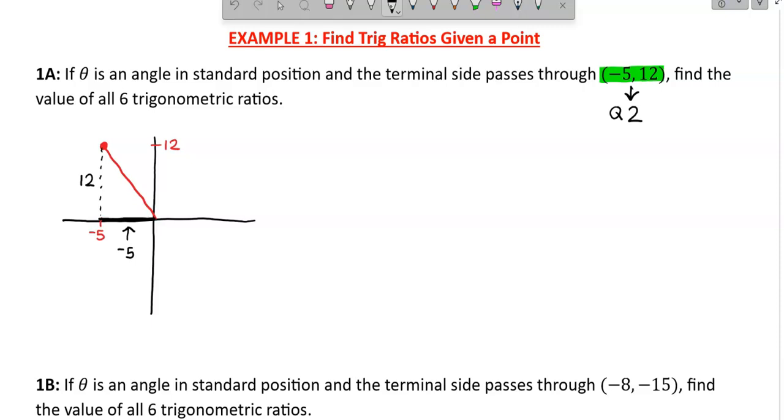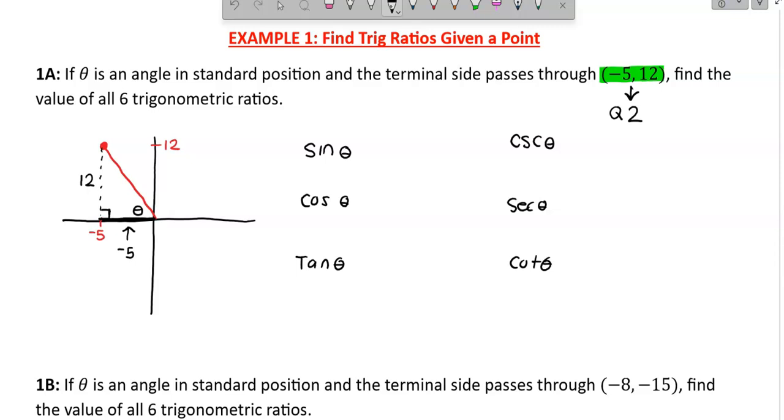So what we have right now is our right angle formed here, just like we did with right triangle trig. We have our angle theta here, and what we need to do is find our trig functions: sine, cosine, and tangent, and then cosecant, secant, and cotangent.